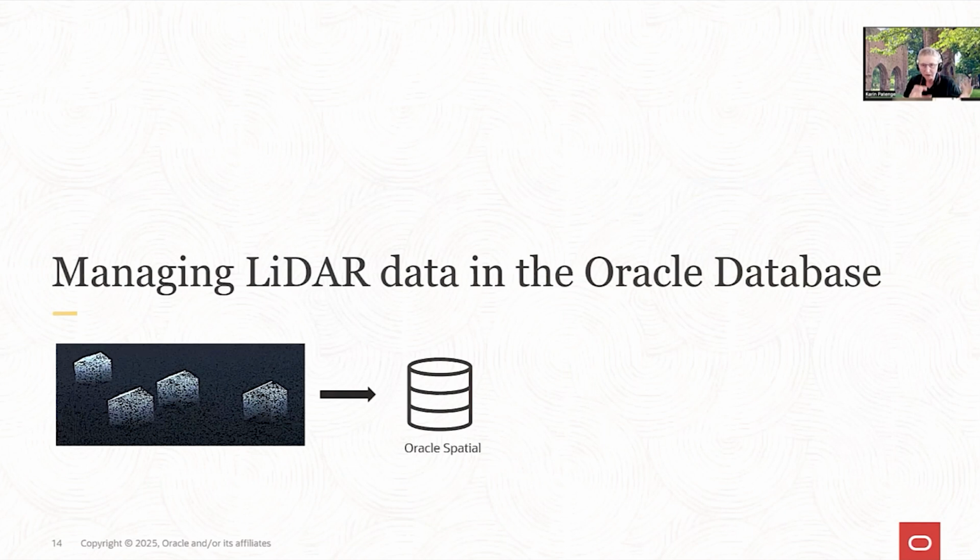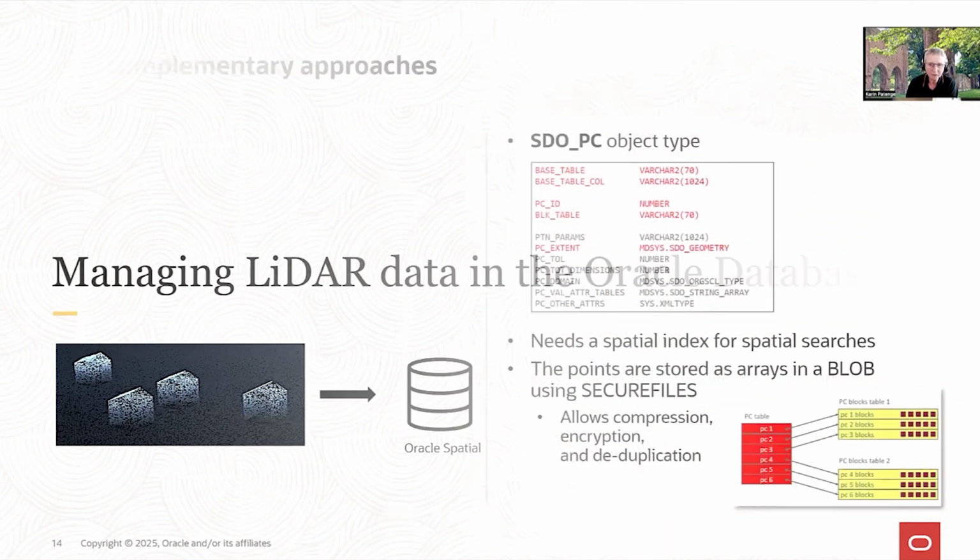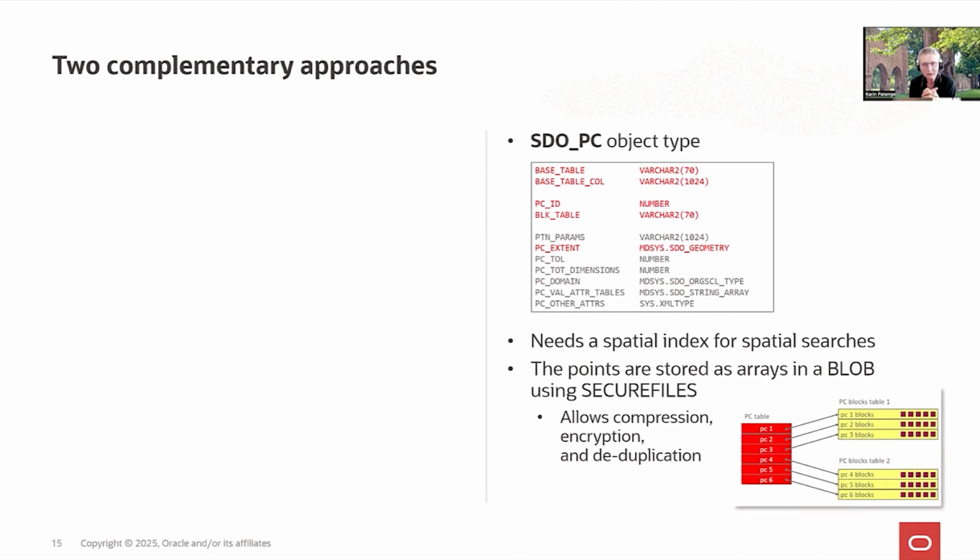Before looking at the actual scripts, I want to explain how LiDAR data are managed in the Oracle database, how they are stored. And for that, let me explain the first approach to storing LiDAR data. As I said before, there is a similar term called point clouds. And what you see here is a data type called SDO_PC.